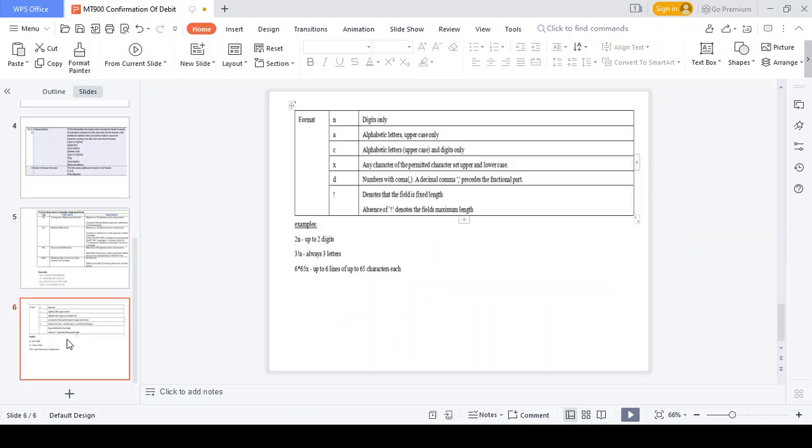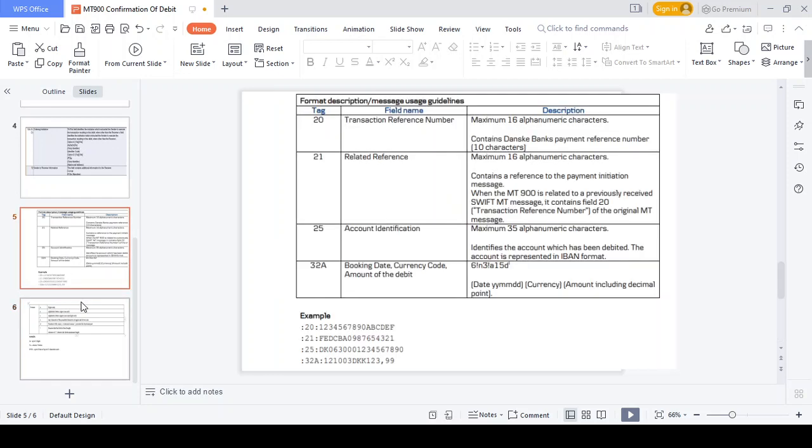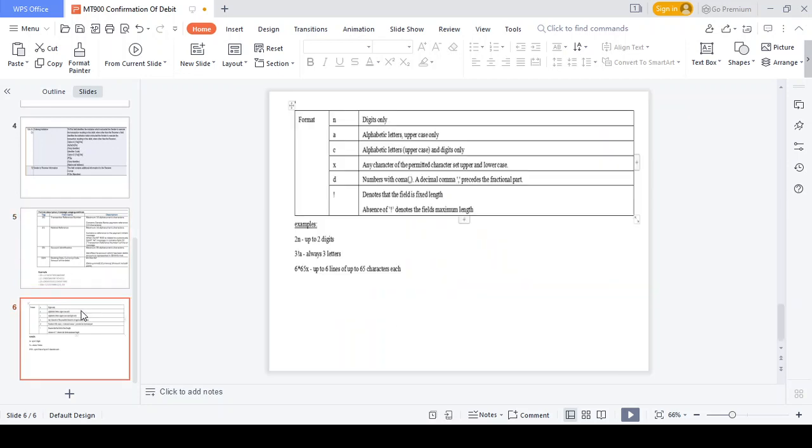Already I said I will mention the digit or other format letters, and this is how you identify them. Whenever N is mentioned, that's a digit. A means alphabetic letters, uppercase only. C means alphabetic letters and digits. X means any permitted character, upper or lowercase. D means number with comma, and the exclamation mark denotes that the field is fixed length. This is common for all.